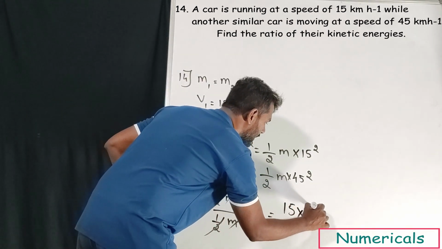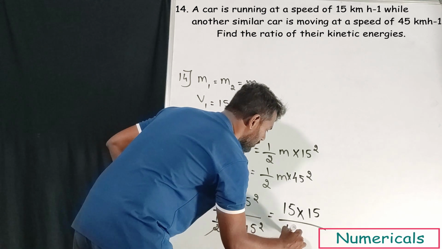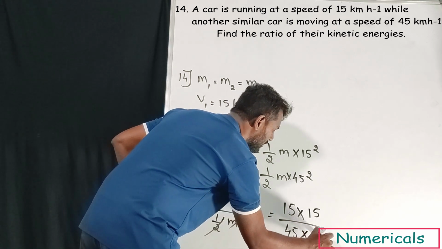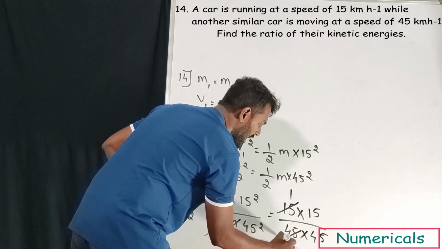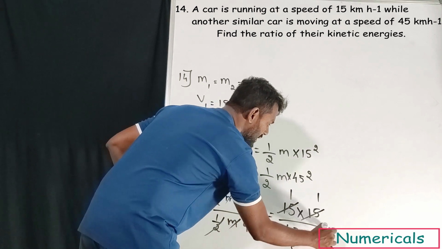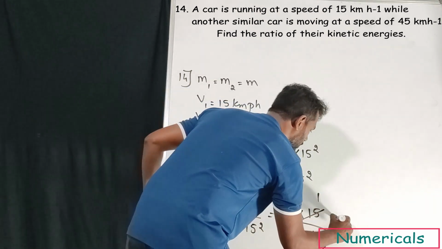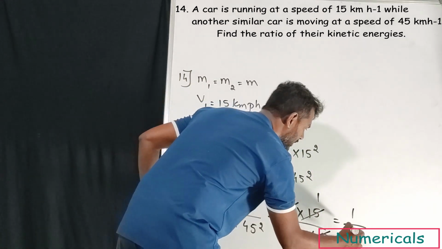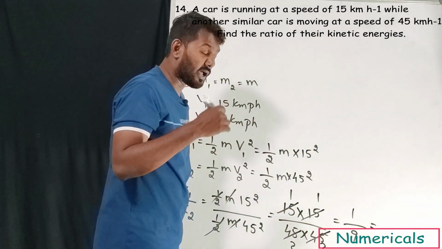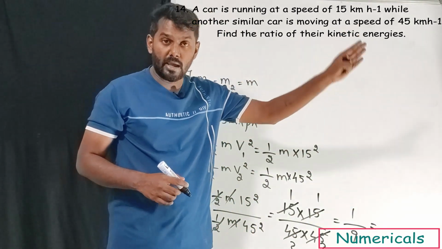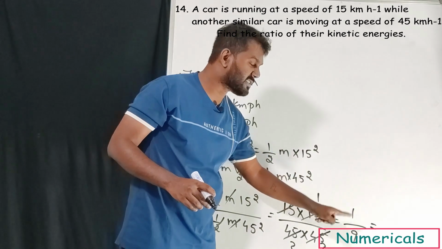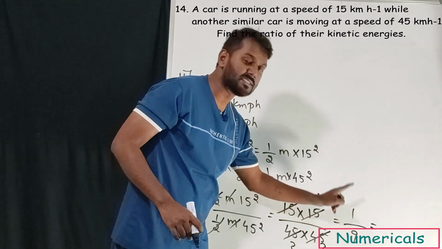I can write 15 square as 15 into 15, 45 square as 45 into 45, correct? 15 ones are 15, threes are 45; 15 ones are 15, threes are 45. So 1 into 1, that is 1, 3 into 3, that is 9. Whenever you are converting a fraction into a ratio form, make sure it is in simplified form. It should not be cancelled again.